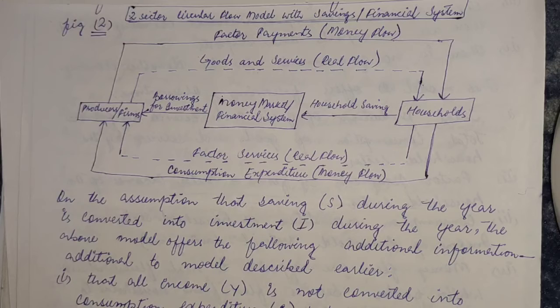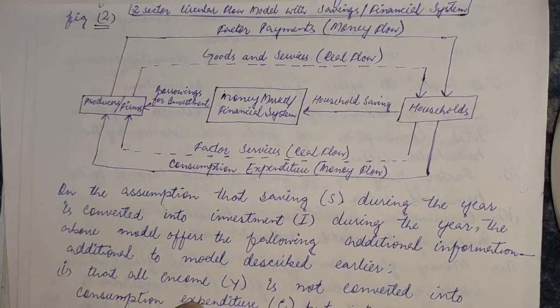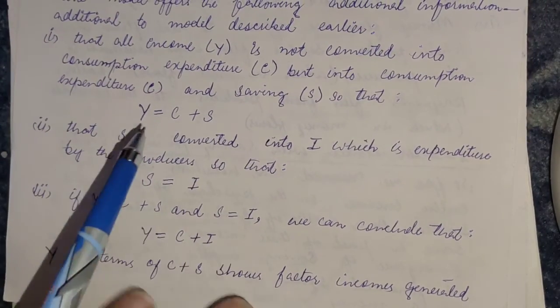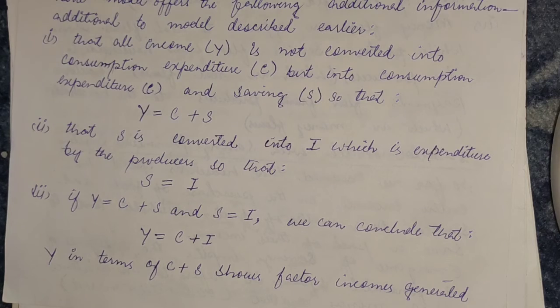The addition to the model described earlier is that all the income is not converted into consumption expenditure but into consumption expenditure and savings, so that income, that means Y, is equal to C plus S. And the second observation is that S is converted into I, which is expenditure by the producer, so that S is equal to I.